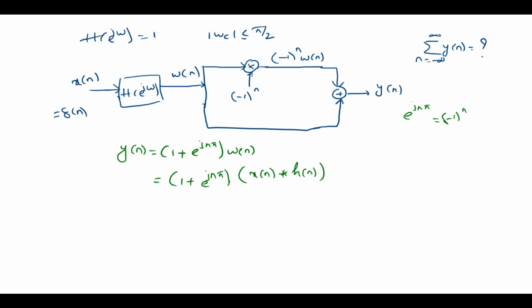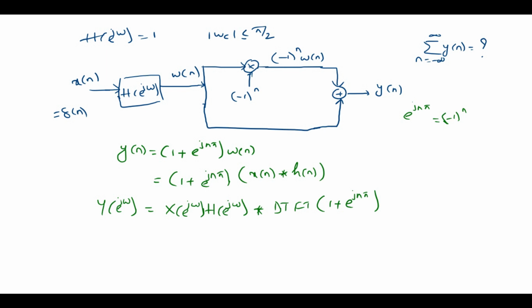Now in the frequency domain, Y of e^{jω}: the first term is x[n] convolved with h[n], so you get X of e^{jω} times H of e^{jω}, plus the next term, which is convolved with the DTFT of 1 plus e^{jnπ}.